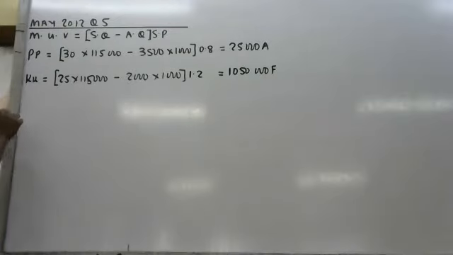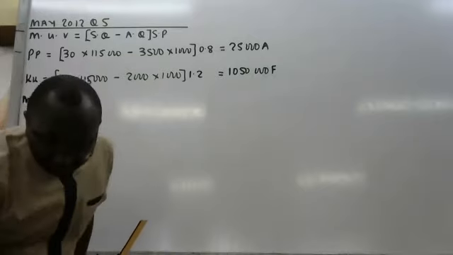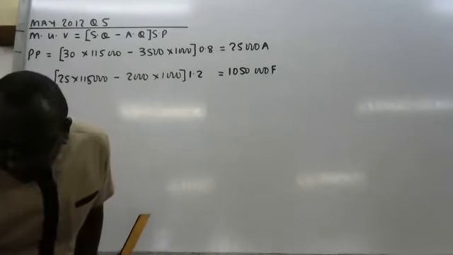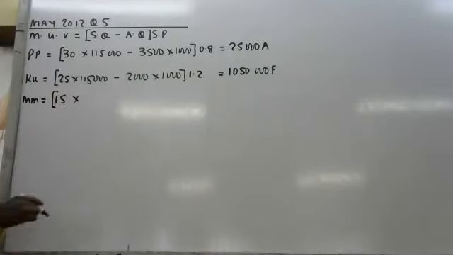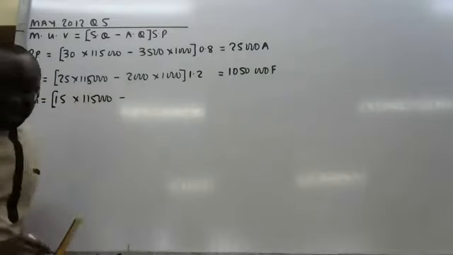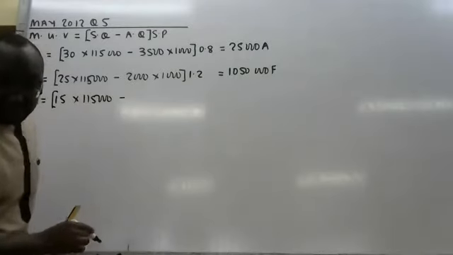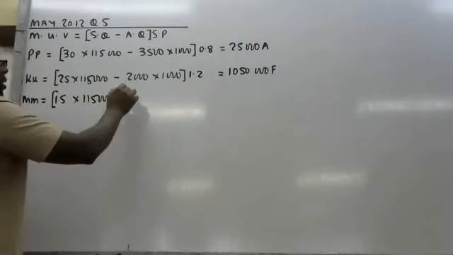The next one is called MM. For MM, we were supposed to have used 15 grams multiplied by 115, minus, we actually used what? 19,000 kilograms.